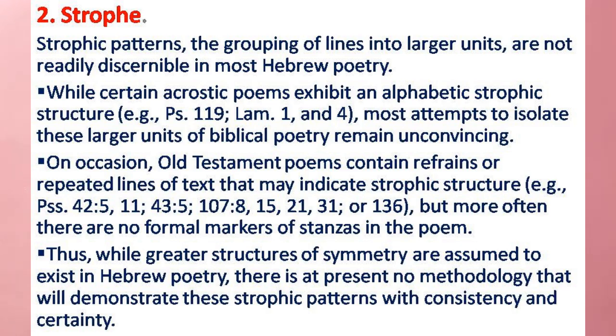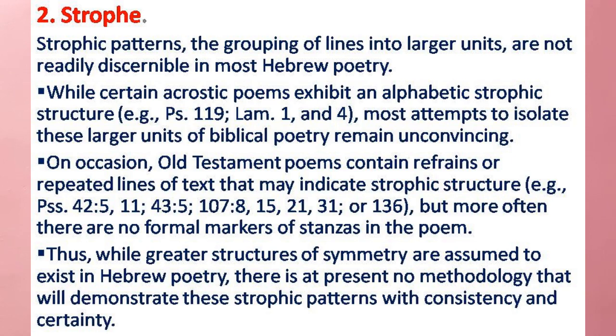It is just like in the prose section we have paragraphs; in the poetic section we have the grouping of lines, which is called strophe. These groupings are not readily discernible in most Hebrew poetry, while certain acrostic poems exhibit the alphabetic strophic structure. The best way to understand the strophe in Hebrew poetry is in the acrostic poems. That means Aleph, Bet, Gimel, Dalet, each line starting according to the alphabet.